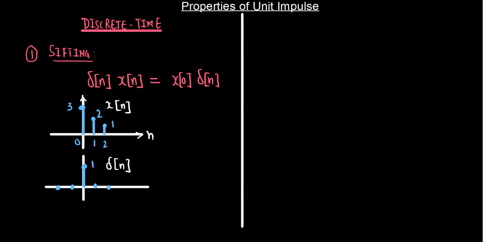And if you multiply these two, the resultant that we get is this signal. You can easily see that except the value that is there at 0, the other values are getting directly multiplied by 0. So the value that is there at 0 will be simply 1 times 3, so that is 3.